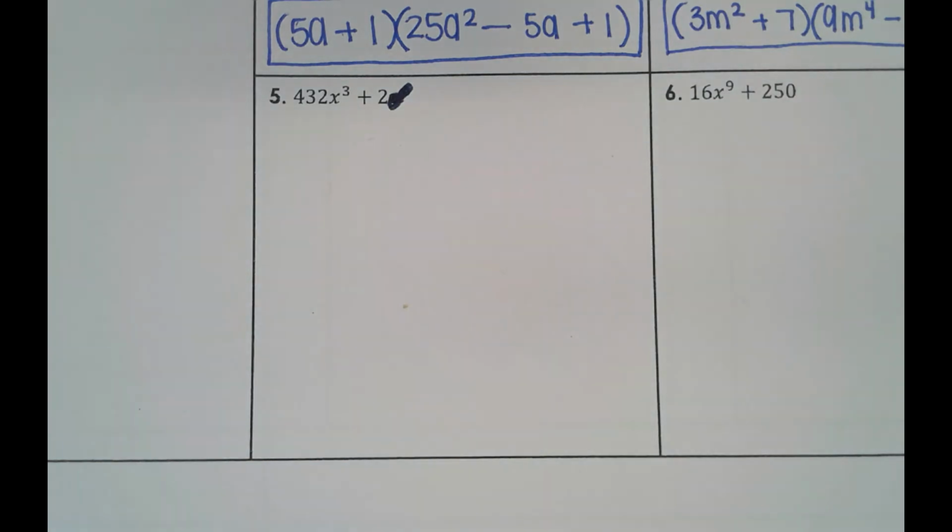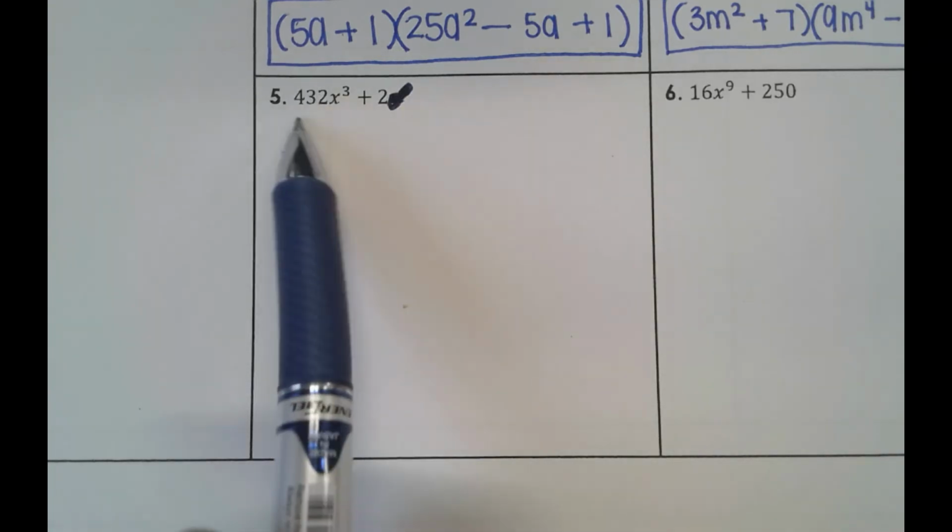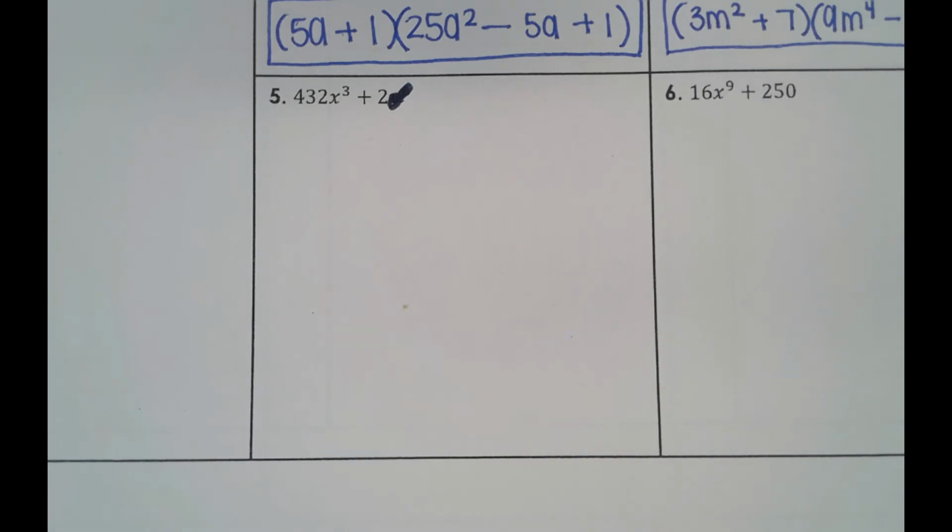All right. 432. Is that on your list of perfect cubes? No, that is not a perfect cube. So that's your hint that there's probably a GCF. So what can I divide 432 and 2 by? 2.